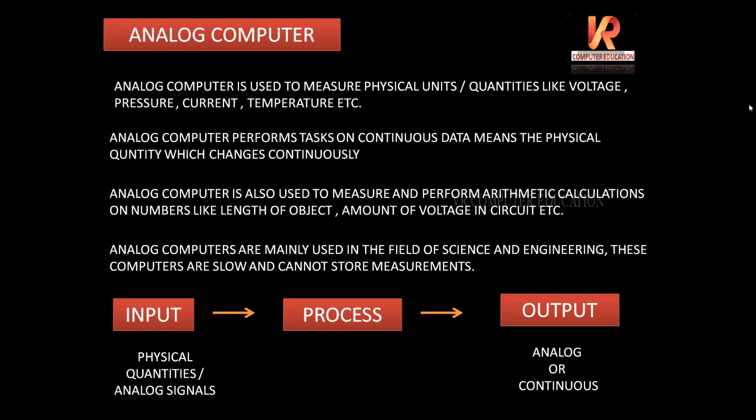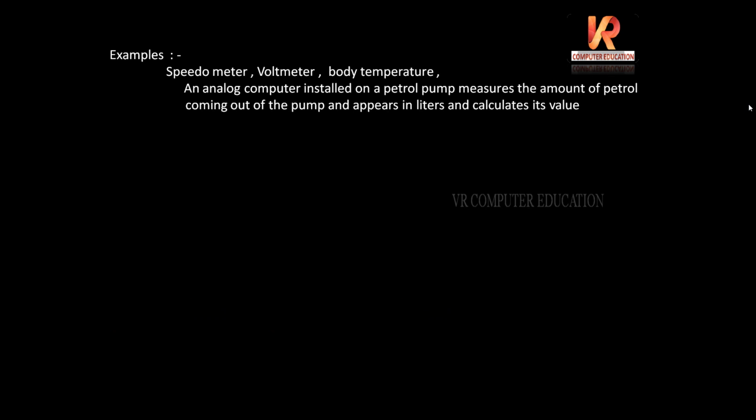Let us see some examples of analog computers. A speedometer, a bike speedometer or car speedometer, or a voltmeter which measures current, or body temperature. In the bike you can see the speedometer. When we go on speed, it continuously changes, the speed decreases or increases. One more best example: an analog computer is installed on a petrol pump, which measures the amount of petrol coming out of the pump and shows it in liters and calculates its value also.